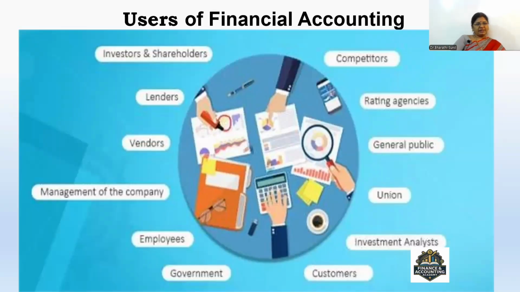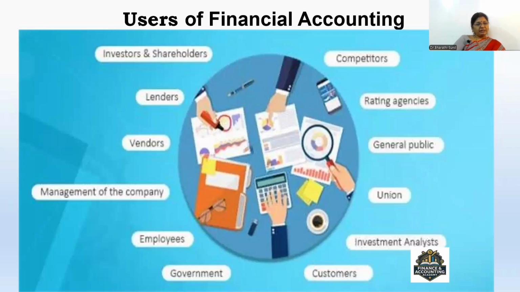Next, investors. Investors are potential investors, who can invest in the future. They want to know about the company before investing in it. They want to know the financial health and financial growth of the company. So they can know only through financial accounting. Next, public and society. The general public can also be affected by a company's environmental and social impact.